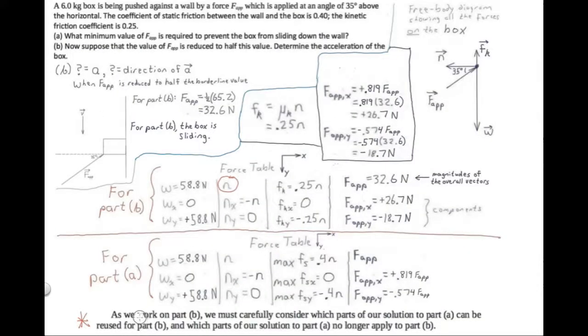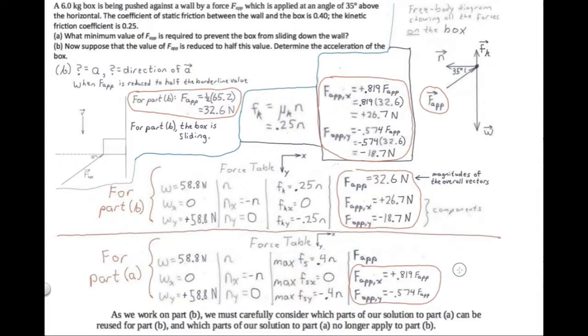We don't assume that we can reuse that value in part B. Instead, we represent the magnitude of the normal force by the symbol N. We will use the Newton's second law equations for part B to determine the value of N for part B. In part A, we found these expressions for the components of the applied force. Now, the applied force has the same direction in part B as in part A. So, in part B, we can use these same expressions to calculate the components of the applied force.